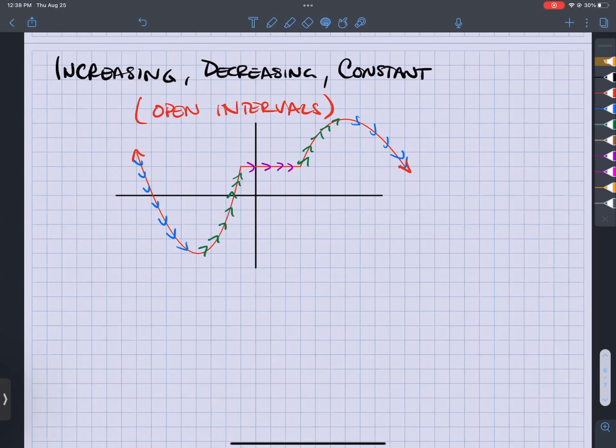Close enough, right? So as you go from left to right, you can see where it's decreasing. Decreasing wise, it would be from negative infinity to -4, and 6 to infinity.